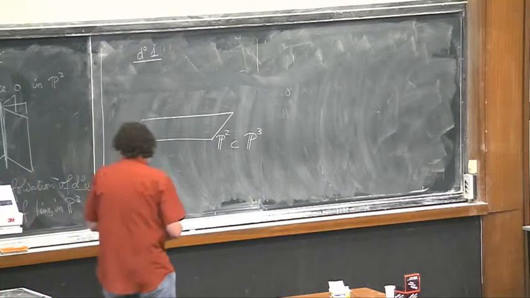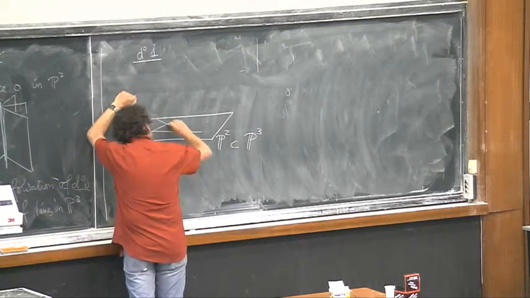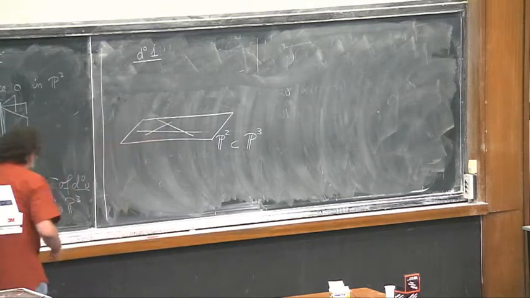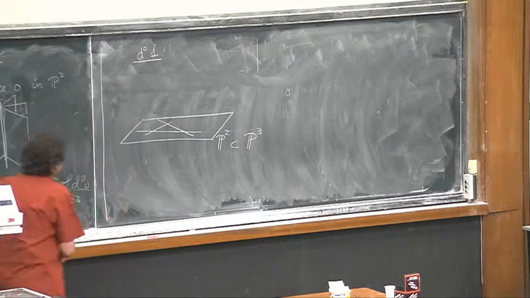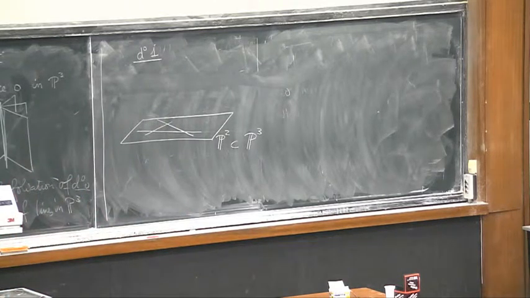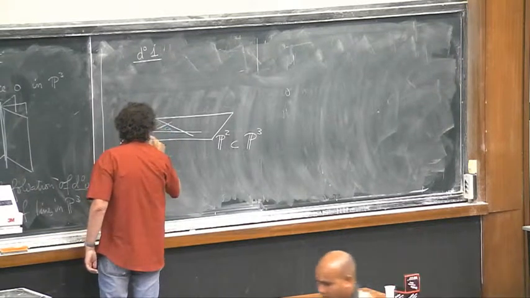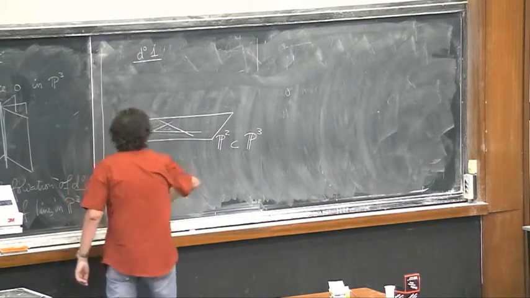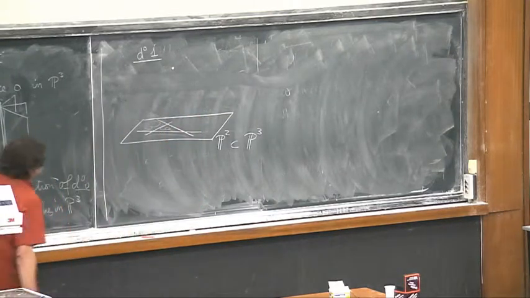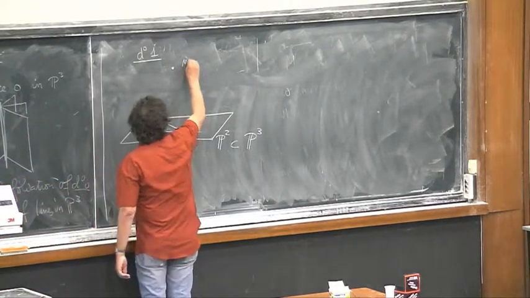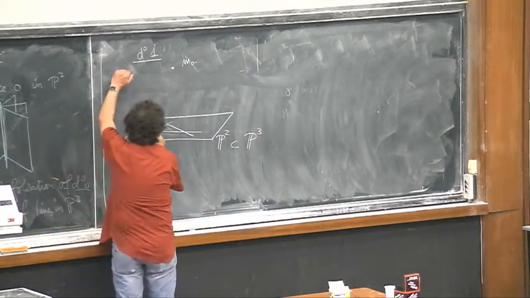And you take a foliation of dimension 1 in this P2, for example with 3 invariant lines. You have the leaves. And now you take a point which is not in this P2. And now you construct the cone.